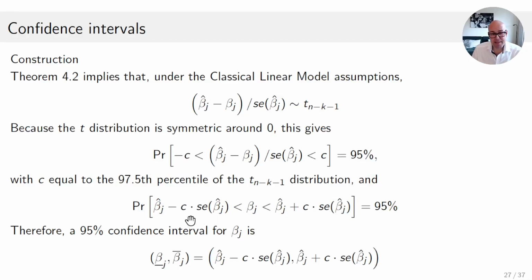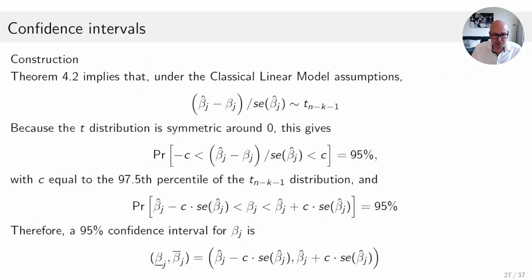Okay, so what that means is that the 95% confidence interval for beta j is given by beta j hat minus c times the standard error of beta j hat on the one hand. So that's the left end of that interval, and then of course the right end is going to be beta j hat plus c times the standard error of beta j hat.